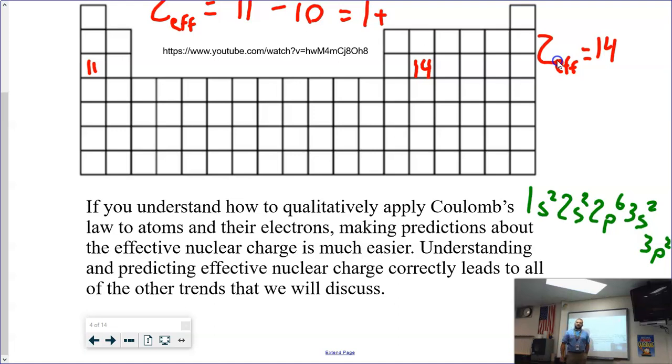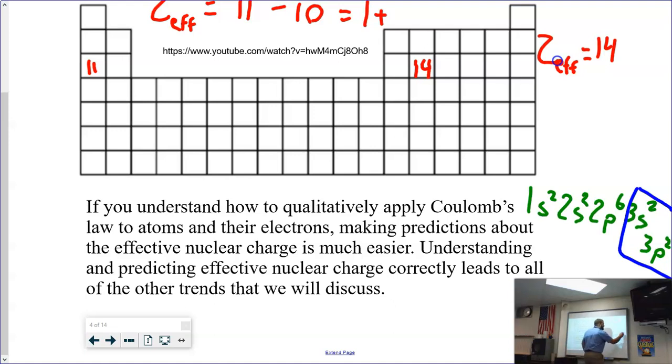Now, let's go back to our definition of what valence electrons are. Valence electrons are the highest energy level s and p electrons. What's the highest energy level we hit? 3. Do we have s and p electrons in energy level 3? We do. These two and those two are valence.